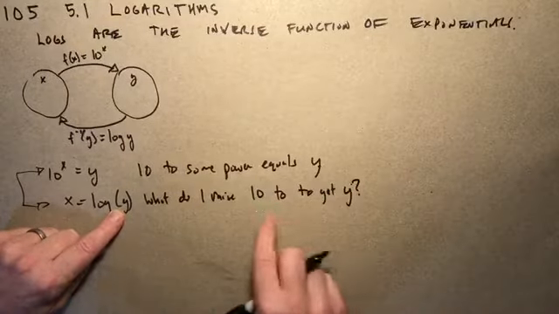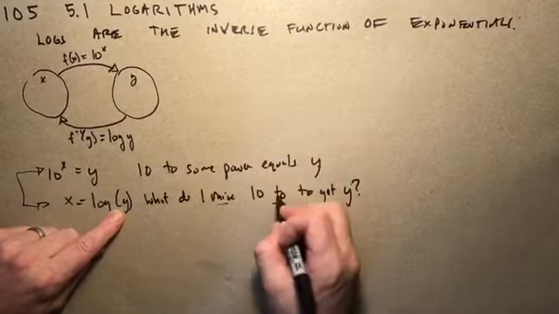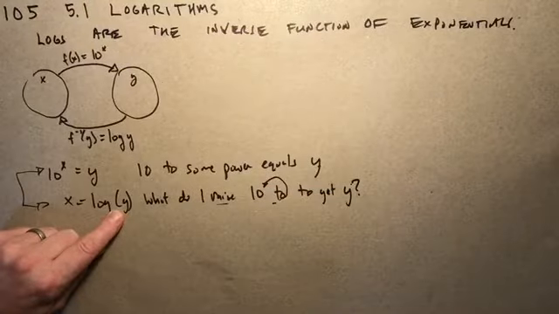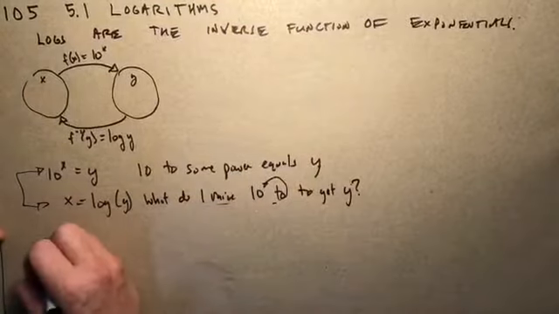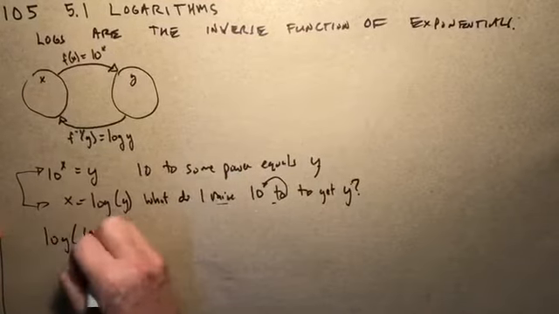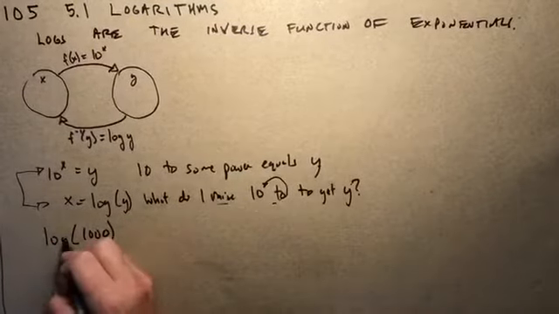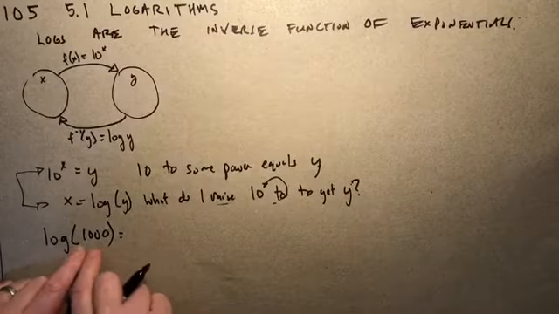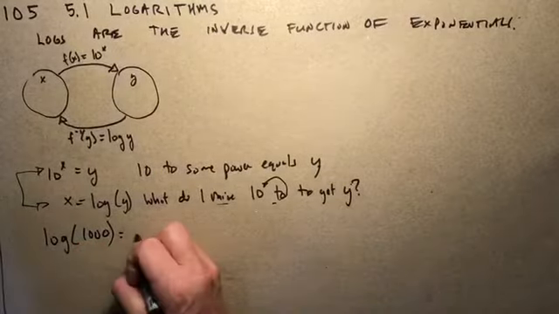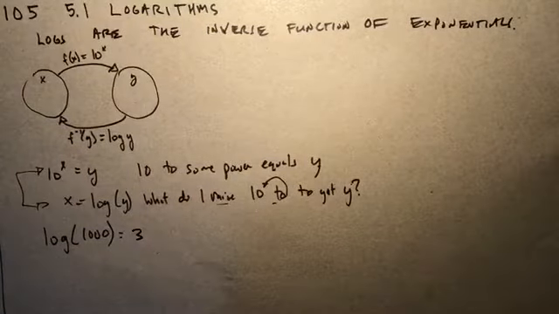It's the exact same thing. When I say raise 10 to, I'm looking at some power there. Or what power of x gives us y? If I did something like log of 1,000, okay, friends, what am I going to raise 10 to get 1,000? Well, the answer is 3.